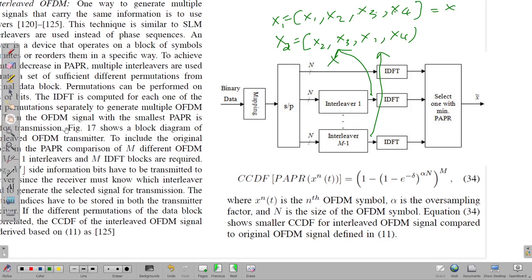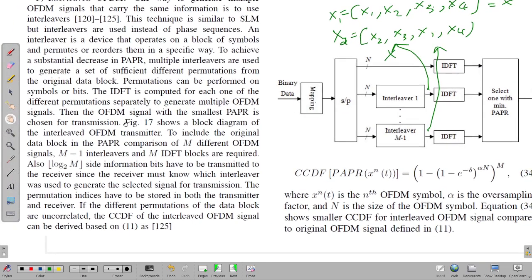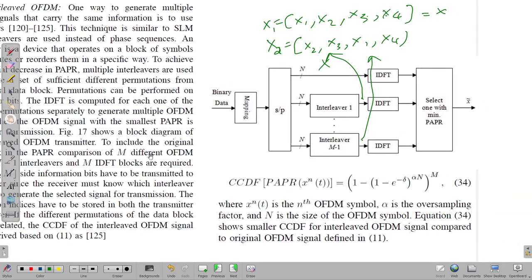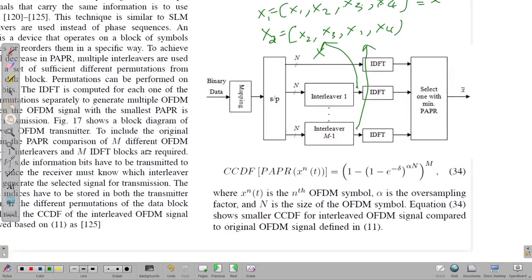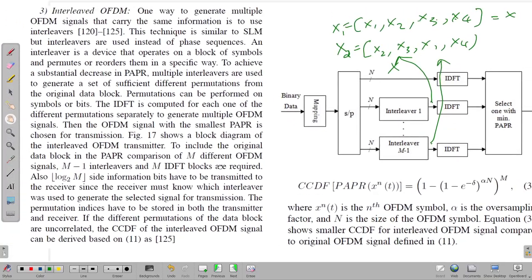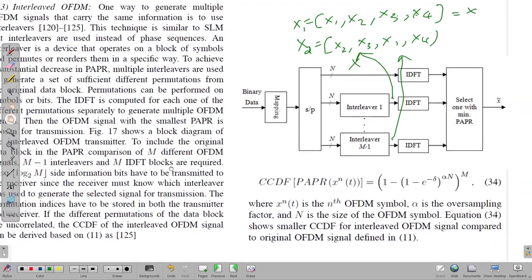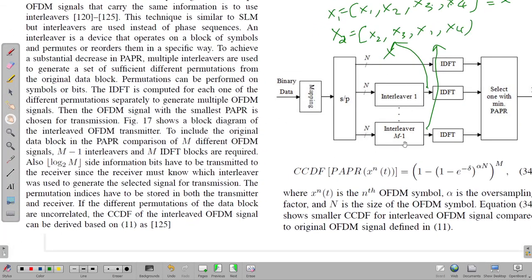Again, the disadvantages that you saw in selective mapping also happen here. Almost, I can say, this technique is almost similar. Here you have m interleavers, so a side information of log m to the base 2 bits needs to get transmitted.